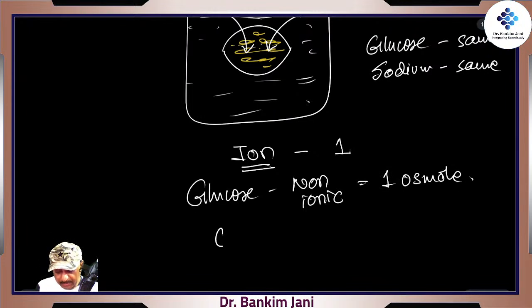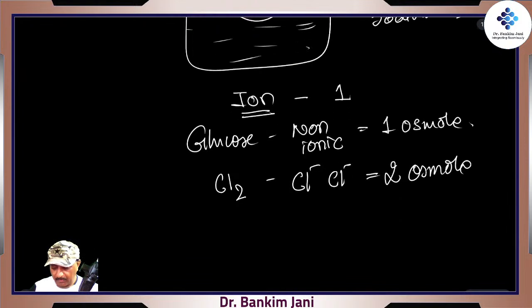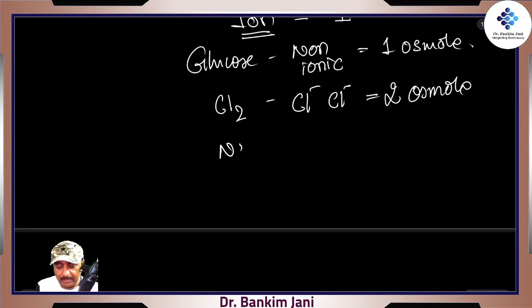If you say Cl2, it will say, okay, Cl2, you are not 1, you are 2, right? Cl minus, Cl minus, so you will be considered as 2 osmole. When it will say Na plus, you are just 1 osmole.